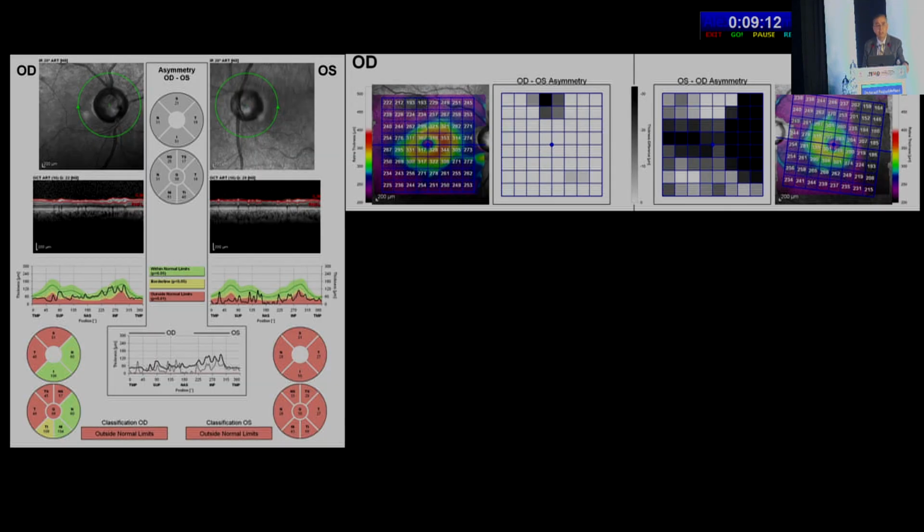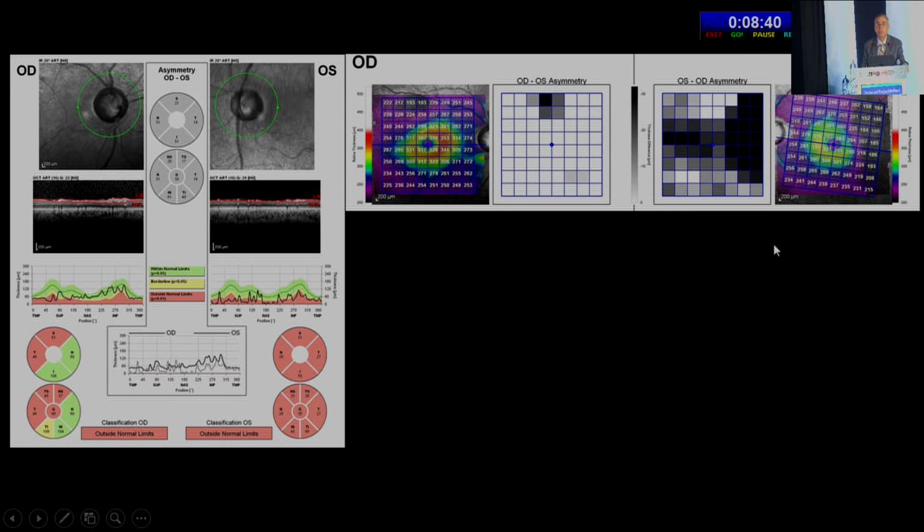Here is an example that is not easy to identify, because you have extreme thinning of the nerve fiber layer and severe loss of macular thickness. But if you look at the asymmetry plot, that is left versus right and right versus left, the thickness difference between the two eyes is most away from the optic disc and in no arcuate pattern.